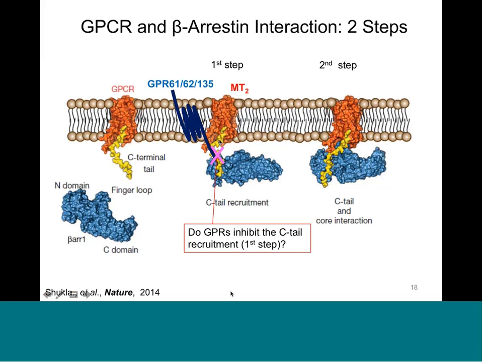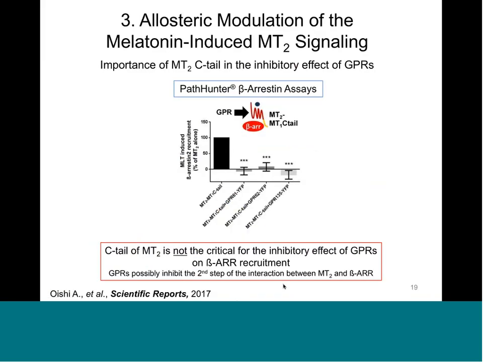To examine our hypothesis, we established MT2-MT1 C-tail chimera protein because MT1 arrestin association is not inhibited by GPR. So, if the C-tail of MT2 is important to this inhibition by GPR, this chimera should not be inhibited. But contrary to our expectations, even this chimera MT2, its association with the arrestin is inhibited by GPR.